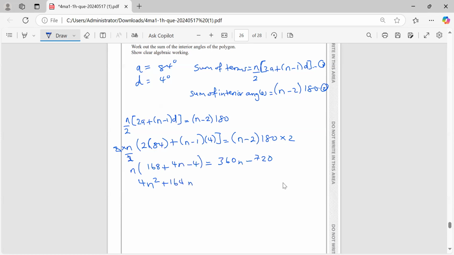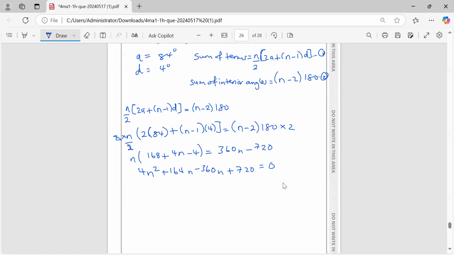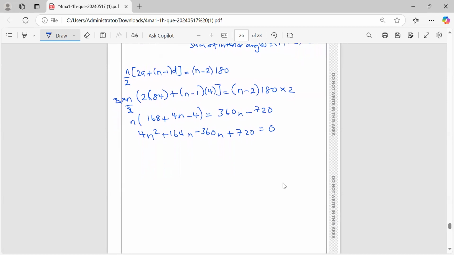And then I'll take this positive 360n, my bad, from this side, so it becomes negative 360n, and this 720 becomes plus 720 is equal to 0. So I'm just coming up with a quadratic expression.